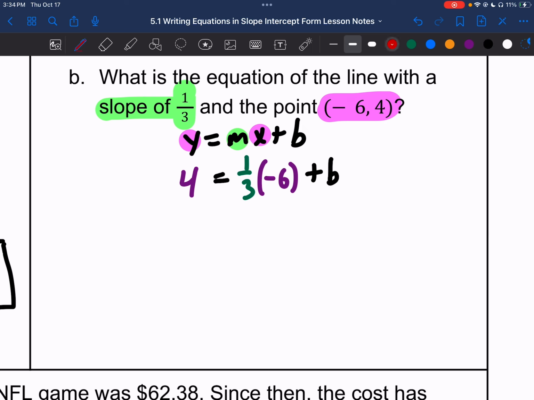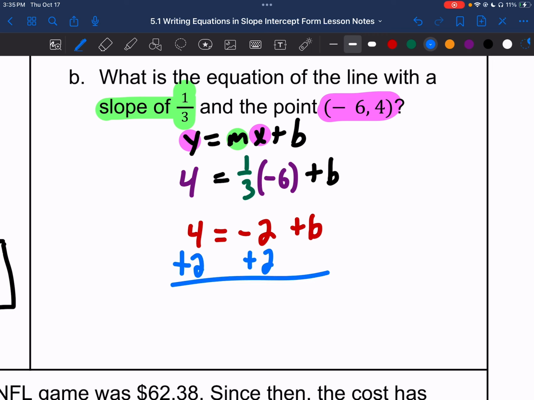My first step is going to be to multiply 1/3 times -6, so 1 times -6 is -6, divided by 3 is -2, and that's still plus b. And then our final step is to add 2 to both sides of my equation, and I get that 6 is equal to b. So my equation is y equals 1/3 x plus 6.